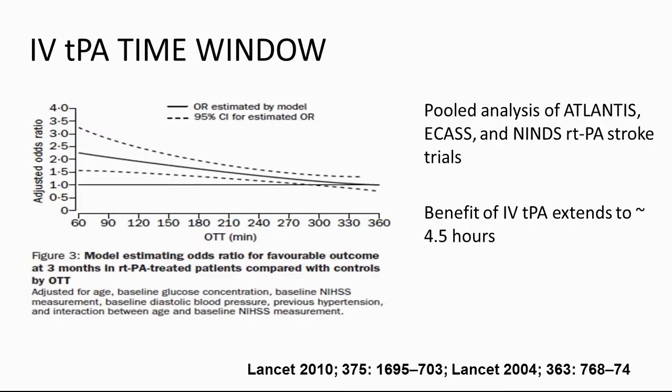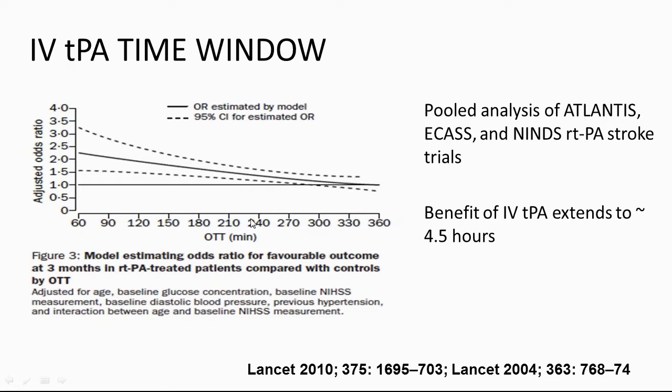Now, the other very important thing that came out of the IV trials, both the NINDS trial as well as the ECASS and ATLANTIS trials, is the fact that the timing of getting the patients treated really makes a difference. And this graph is meant to depict that, which shows the odds ratio of no treatment versus treatment with IV TPA versus time, starting at 60 minutes and extending out here.